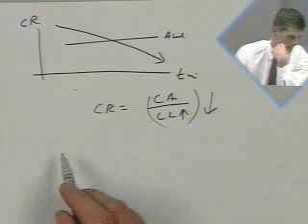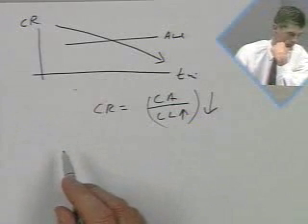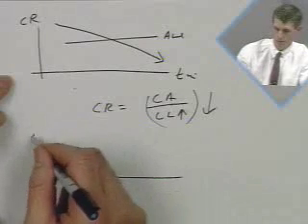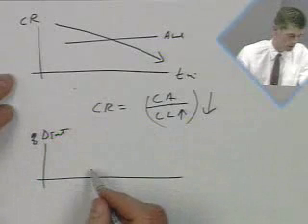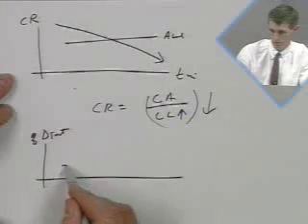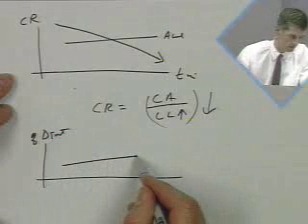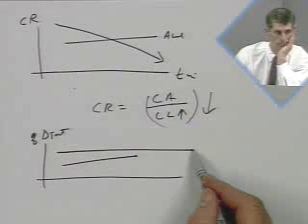Okay. How about debt to total assets? We look at debt to total assets. This is the percent of debt. It's going up. What's the industry average? 50%.